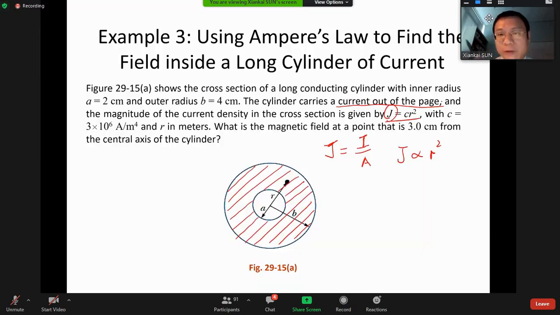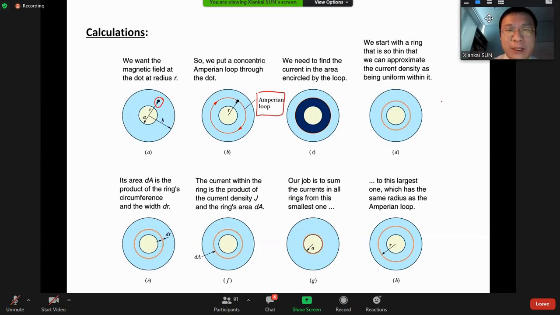Because this current is flowing out of the page, but this Ampere loop is defined clockwise. By using the right-hand rule, you find that there's a minus sign for the direction of the current. Okay, so next we need to find the current in the area enclosed by the loop. So basically, that's the dark blue region. We need to find out the I enclosed here.